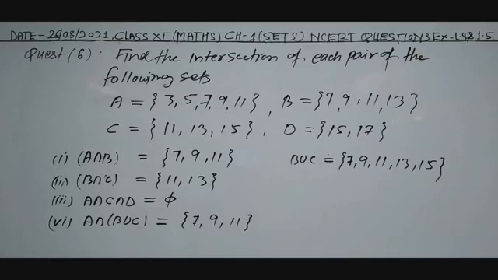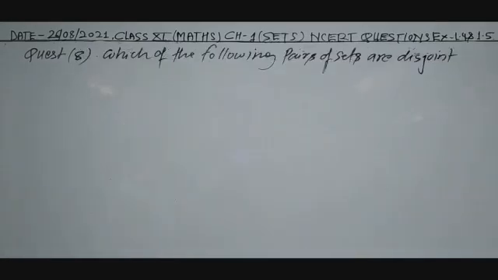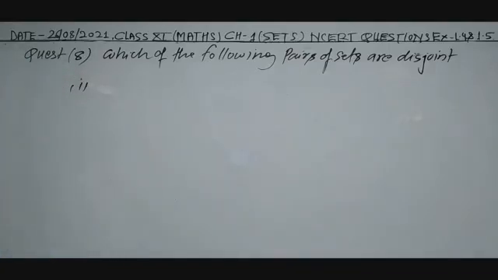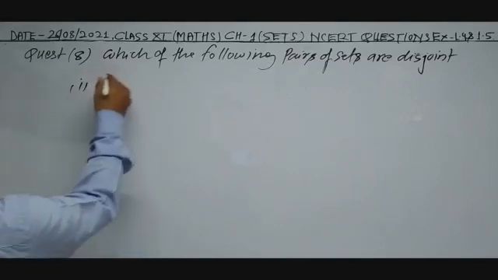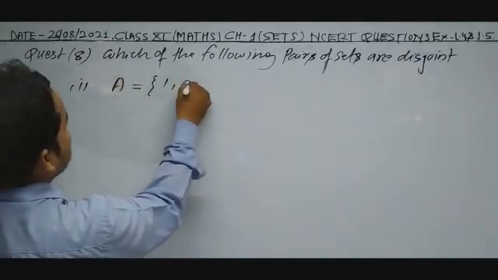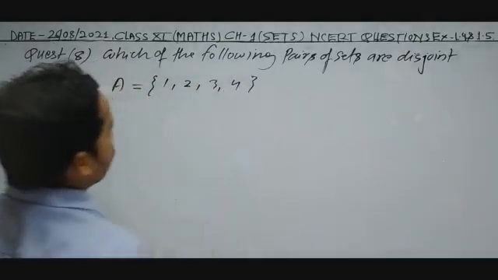Now come to the next question. Question number 8 is, which of the following pairs of sets are disjoint? The first part is, it is given capital A is equal to 1, 2, 3, 4.